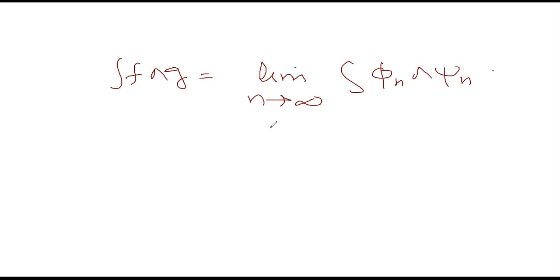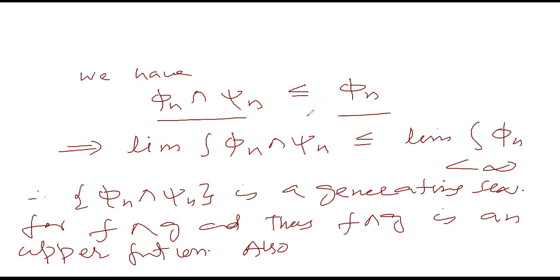Now we try to prove that the join is also an upper function. Now you can see this phi n join psi n increases to f join g. Here I want to mention why I have taken meet first. It is because join is not less or equal to phi n or psi n. So I have first taken the meet, and I know that this meet is less or equal to phi n.